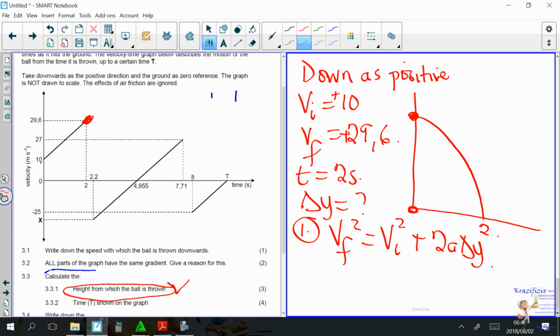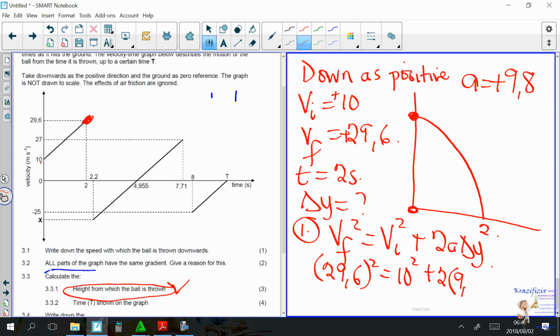My Vf is 29,6 squared. What's my initial? 10 squared plus 2. Oh, by the way, what is my acceleration? Remember, it's down. So it's positive 9,8. I have 9,8, and I have delta y. Awesome. Please get your calculators and walk through.